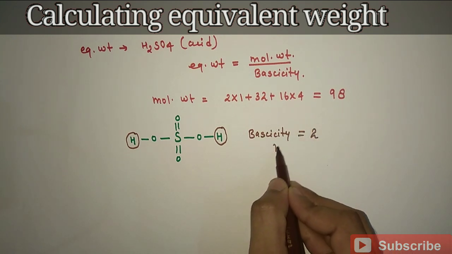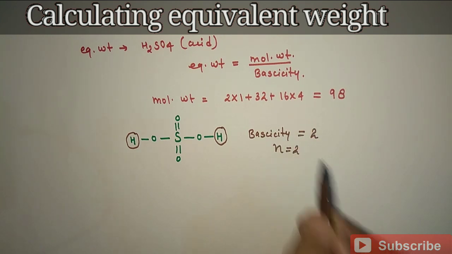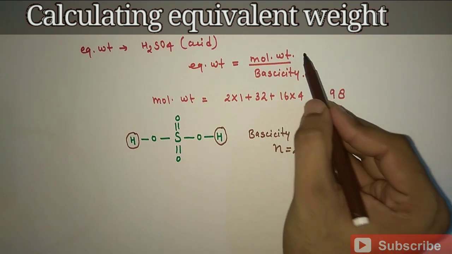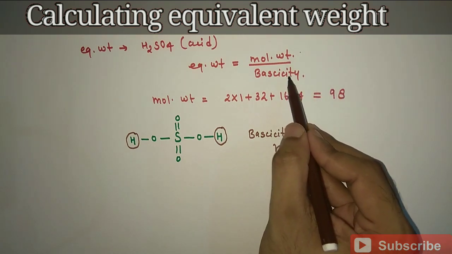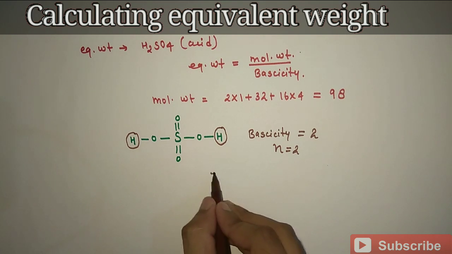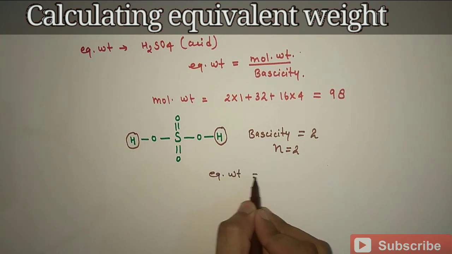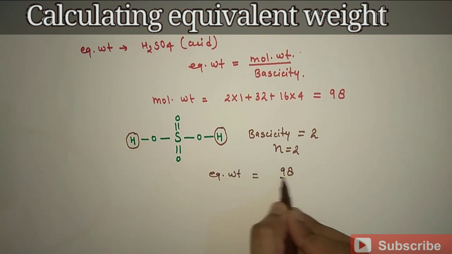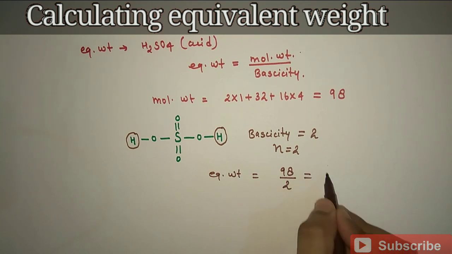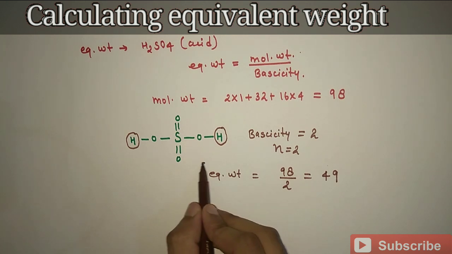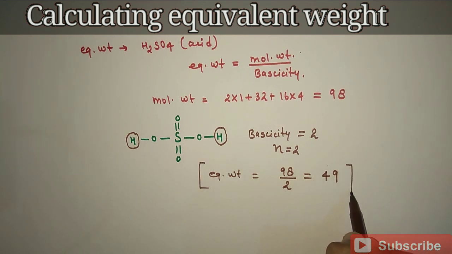That is, its equivalence factor will become 2. So what we have to do? The molecular weight is 98 and its basicity comes out to be 2, so we have to divide the molecular weight, that is 98, by 2. This comes out to be 49. So the equivalent weight for H2SO4 is 49.